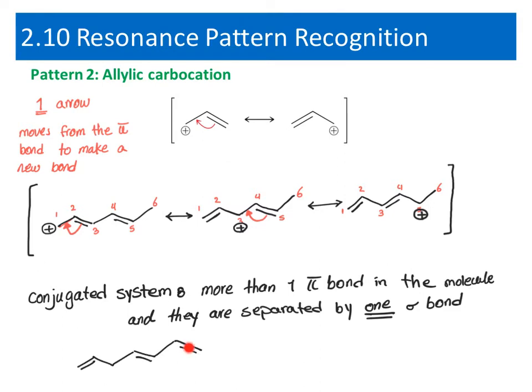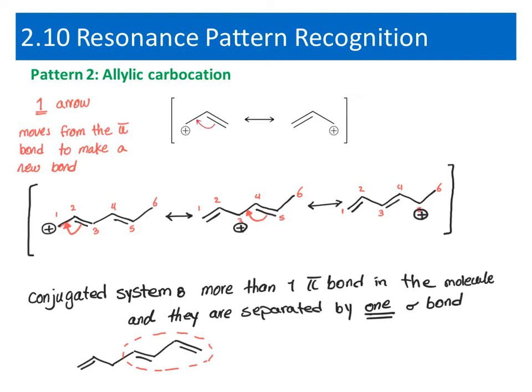So we have a double bond, sigma bond, double bond, sigma bond, sigma bond. So up to here, we have a conjugated pi system. But this one is not a part of conjugated system. So more than one pi bond separated by only one sigma bond gives us conjugated system.